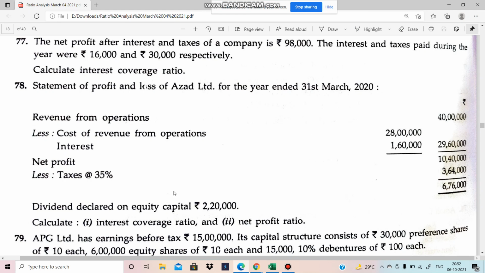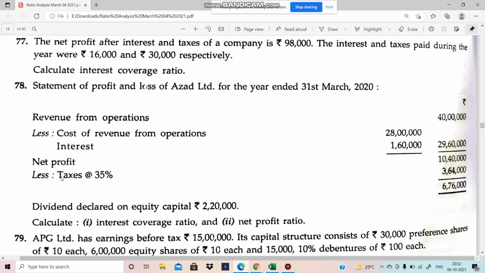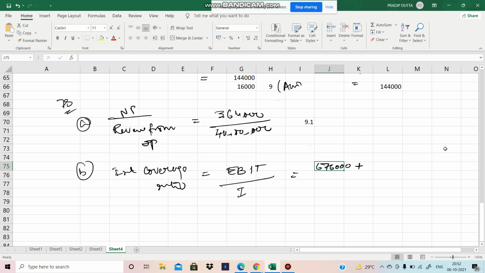So what is the value of EBIT? See, the profit after tax is 6,76,000 plus tax. Oh sorry, one thing I did wrong: the net profit is 10,40,000.